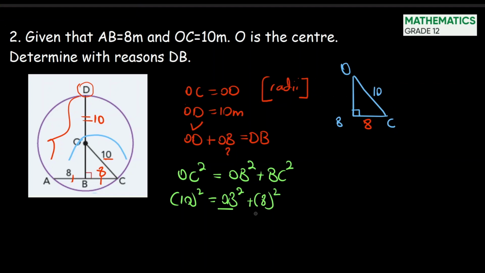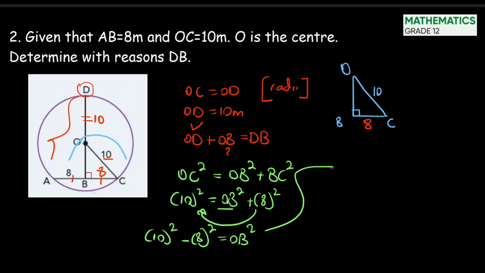Small trick: we just move everything to one side of the equation. It should be 10 squared minus 8 squared, because it was plus on the side, anything that jumps to the equals sign changes sign, is equal to OB squared. And we're looking for OB. To get rid of the square, we square root both sides.